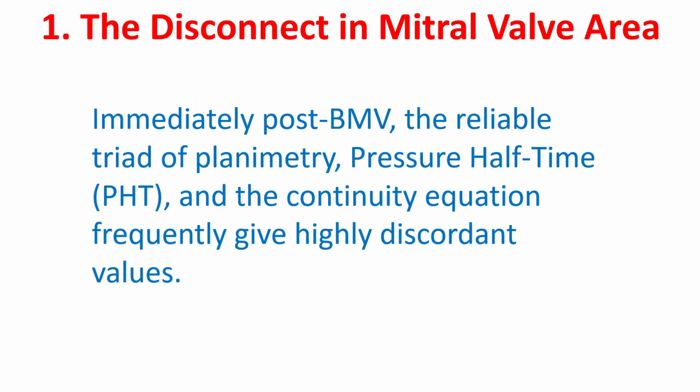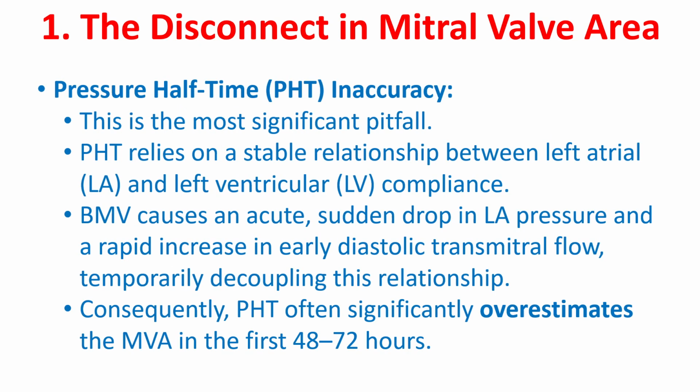Immediately post BMV, the reliable triad of planimetry, pressure half time, and the continuity equation frequently give highly discordant values. Inaccuracy of pressure half time. This is the most significant pitfall. PHT relies on a stable relationship between left atrial and left ventricular compliance.